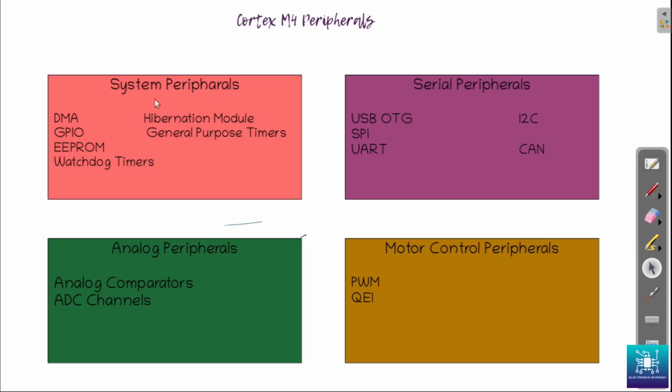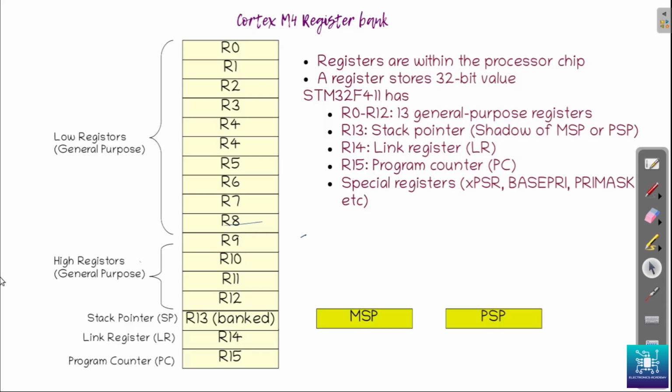For example, you have system peripherals, which are DMA, GPIO, EEPROM, watchdog timers, hibernation module, general purpose timers. Serial peripherals could be USB, SPI, UART, I2C, CAN. This particular processor that we are studying does not have a CAN interface. And then analog peripherals like analog comparators and ADC channels, and motor control peripherals like PWM and QEI and so on.